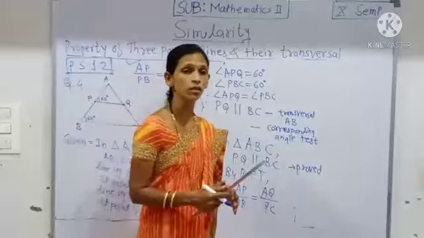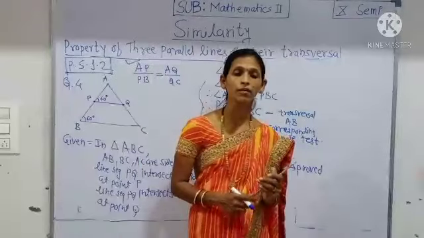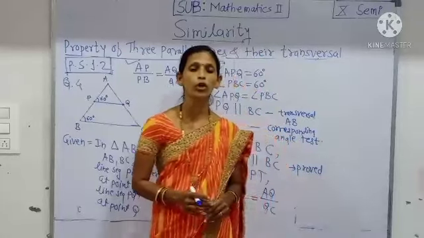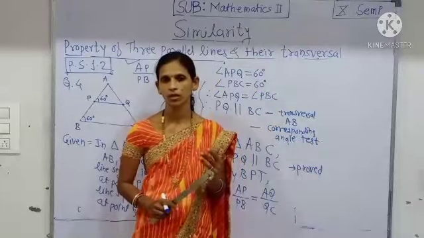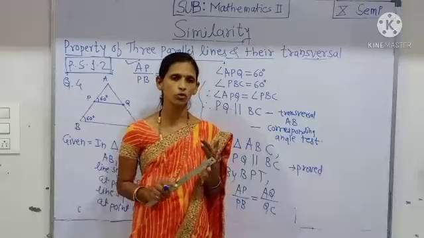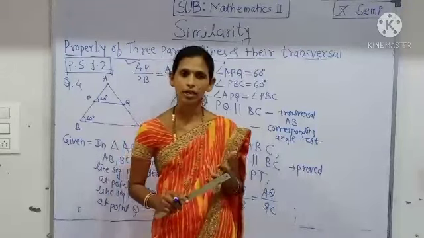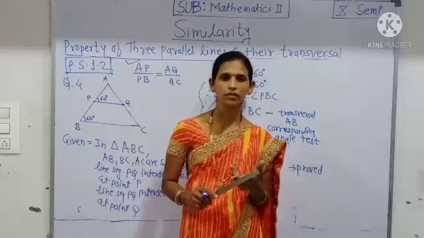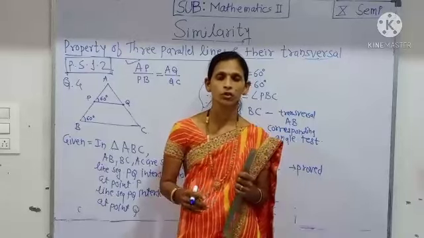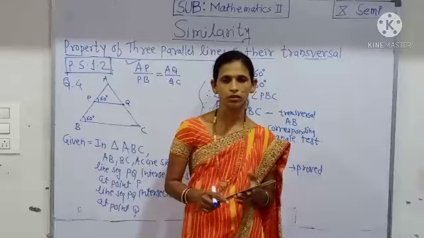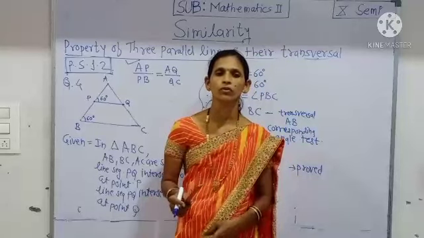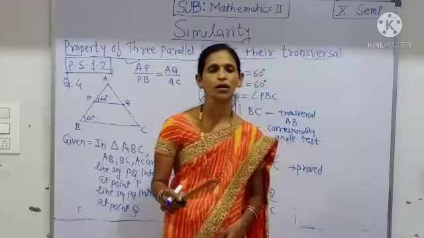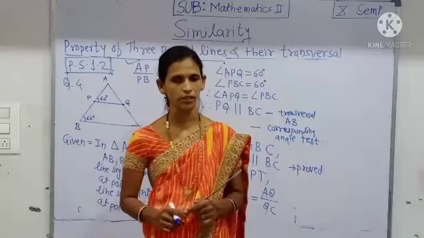You can solve different types of examples given in practice set 1.2, which are based on the BPT theorem, converse of the BPT theorem, as well as the angle bisector theorem and converse of the angle bisector theorem, as well as the examples which depend upon the property of ratios of intercepts made by three parallel lines on different transversals.